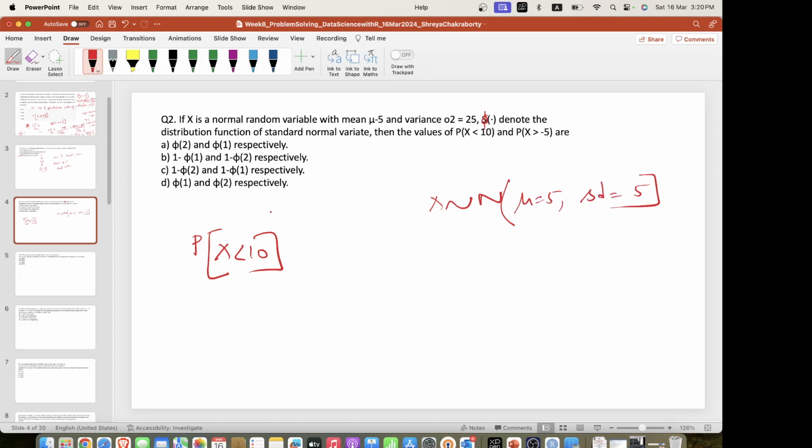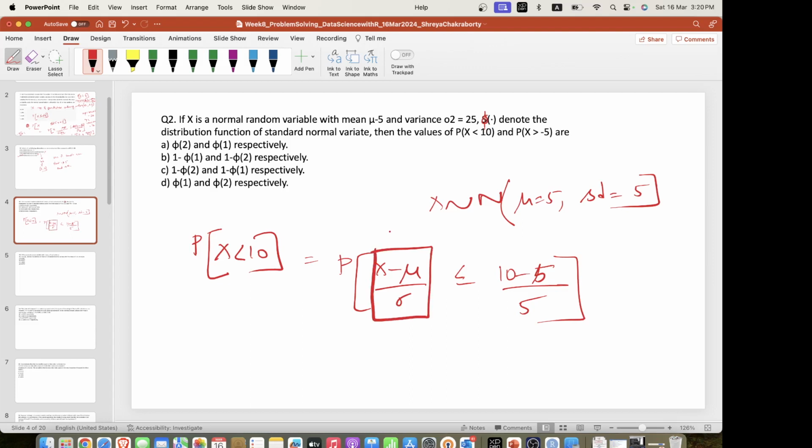Now this means probability (x minus mu) by sigma is less than or equal to (10 minus 5) by 5. This quantity we call z, and it follows a normal 0 1, and the CDF of a normal 0 1 is represented by this phi.